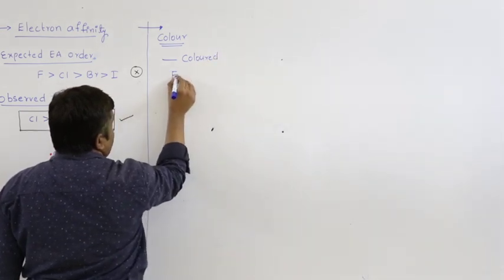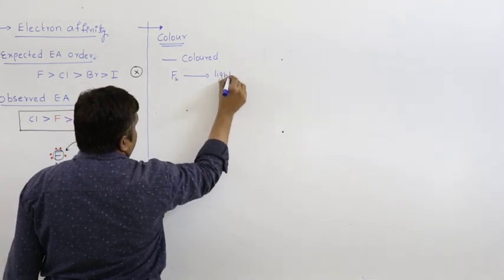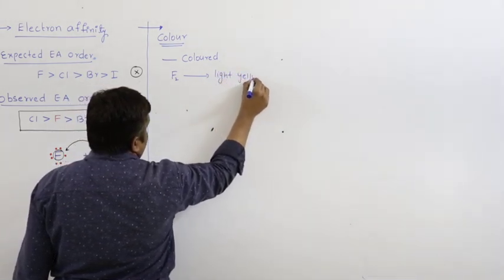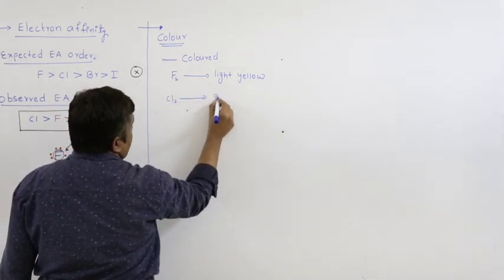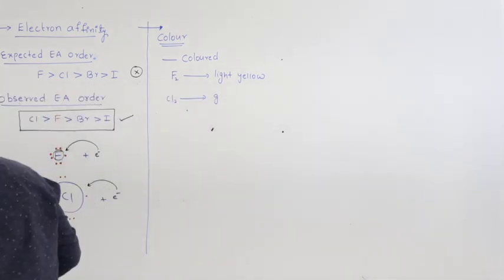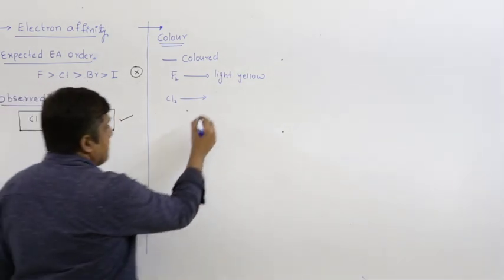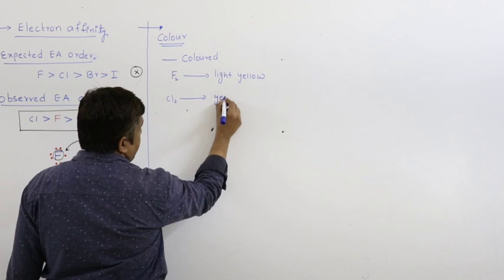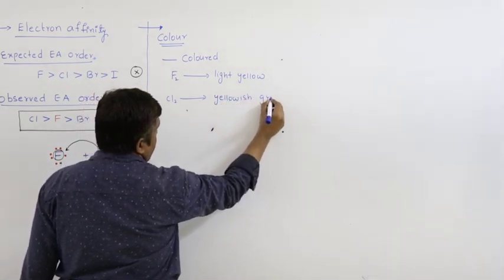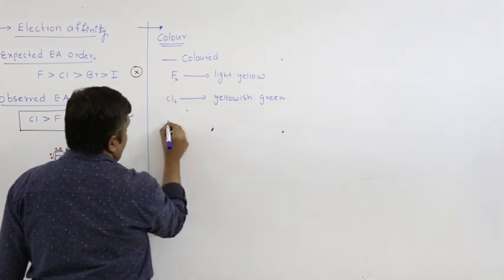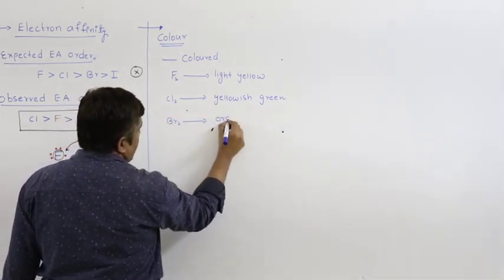So if I take fluorine, its color is, say, light yellow. If I take chlorine gas, yellowish green or green yellow, something like that. Bromine, orange red color liquid.